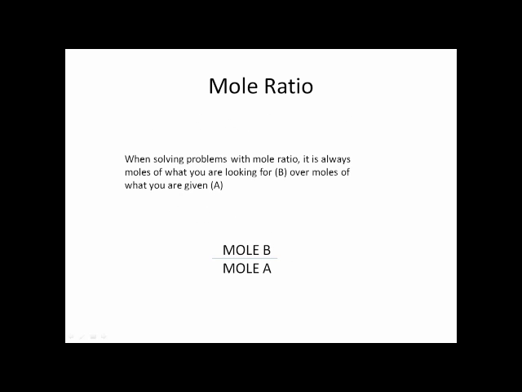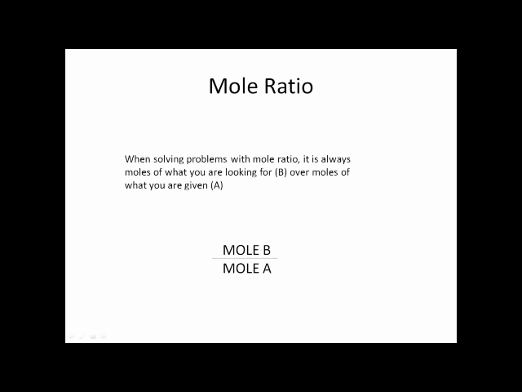When we're solving problems with mole ratio, it's always moles of what we're looking for, we call that B, divided by the moles of what we were given, A. So we're able to see the relationship between these two and calculate how much we may need to produce or how much is going to react, depending upon what we care about.